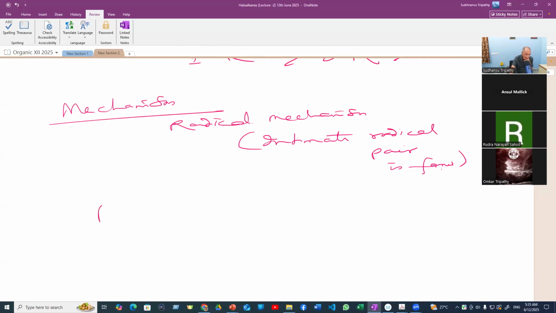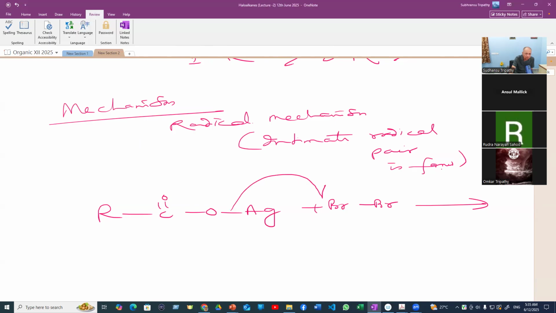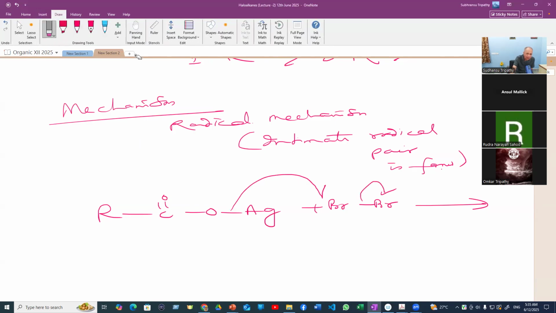Now see, the mechanism is very simple. Once you are talking of radicals, you have to use fish hook arrows. So what happens?